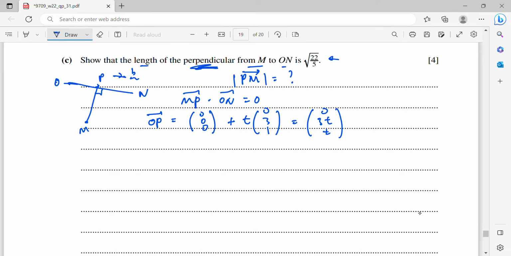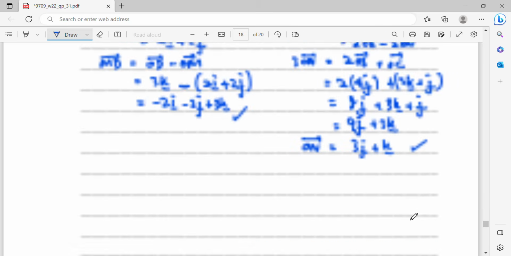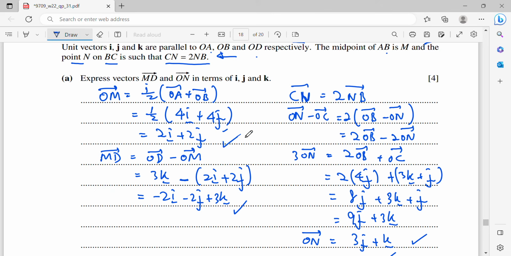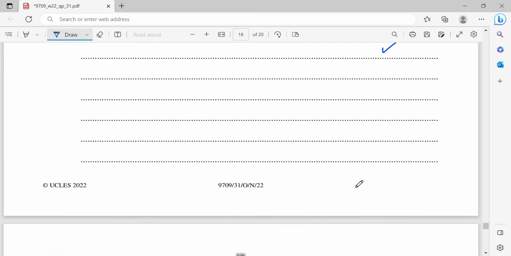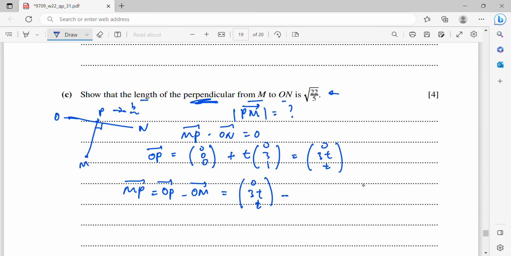Okay, so therefore MP is OP minus OM. Then I will get 0, 3t, t minus the OM we found in the previous part, which is 2i plus 2j. So when I write vertically, it's going to be 2, 2, 0. So when you simplify, first coordinate minus 2, second coordinate 3t minus 2, third coordinate is going to be t.